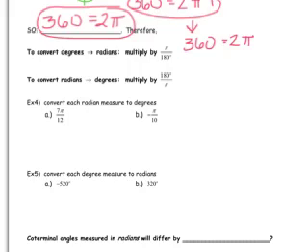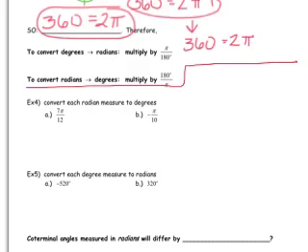Instead, I recommend understanding: if you're going from degrees to radians, then you want to see a pi, so pi is going to have to be on top. If you're going from radians to degrees, you want to get rid of the pi, so the pi has to be on bottom. In order to demonstrate this, let me look at example 4.